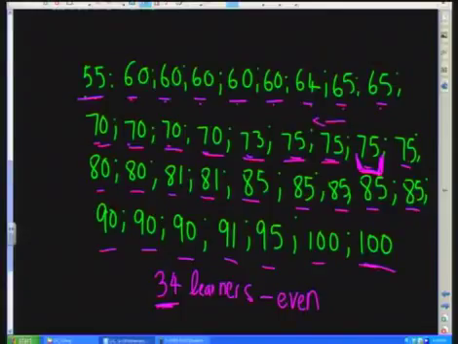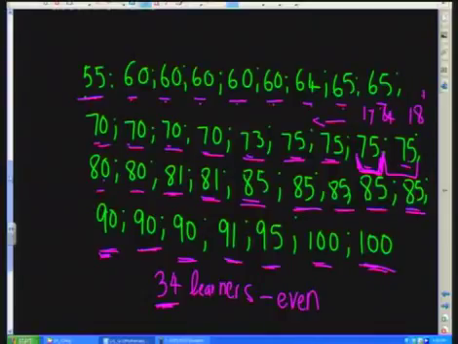But if we count above it, 1, 2, 3, up to 17. You see we've got one more above that middle value of 75. So therefore, our median is going to lie between position 17 and 18. Okay, so it's going to lie in between the 17th and 18th position.